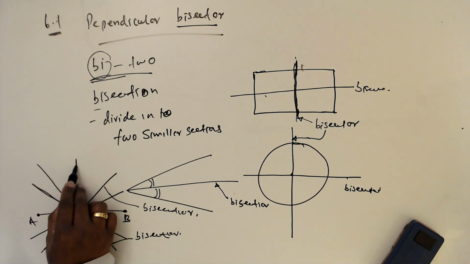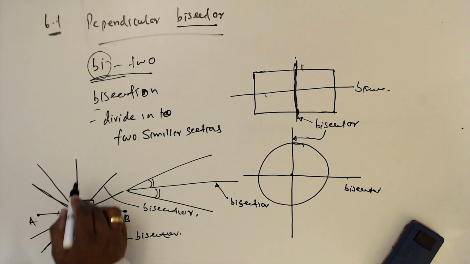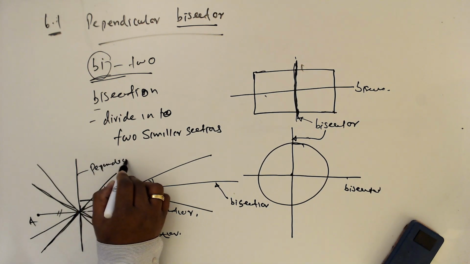If you draw a line like this, it is a bisector. This is not a bisector. Also, it has another feature. It is perpendicular to this one as well. So this is a perpendicular bisector.